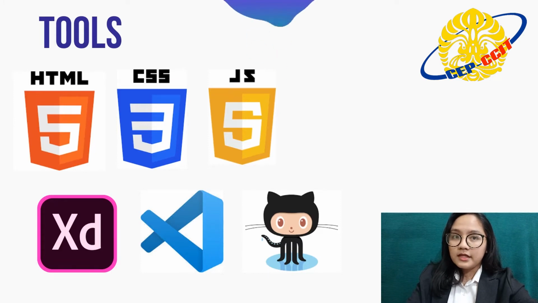And third is GitHub. We use GitHub to share the source code of our website, so in our team we can work together easily to share our code, and if there are changes, they will be tracked more easily.